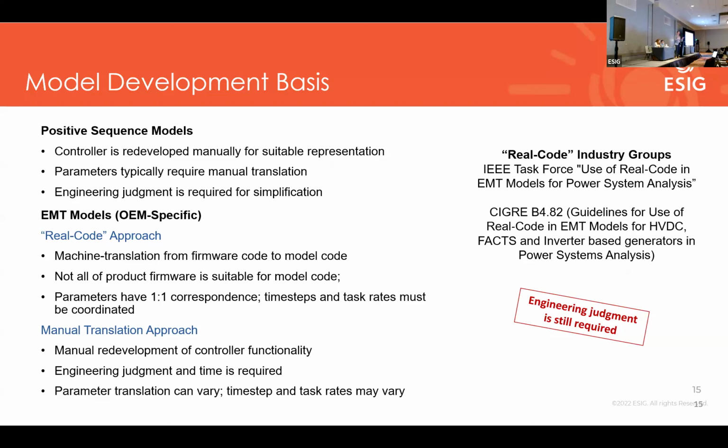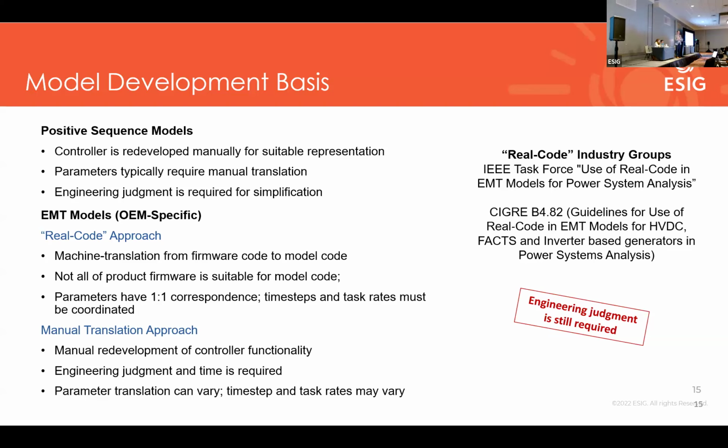The parameters typically also require translation. When we're talking about these models, I'm thinking about it in terms of a control structure, an architecture that's generally fixed, and then a parameter set that goes into that control. And both of those together are equally and critically important to getting an accurate model. You can have a great control structure that is machine translated, one-to-one with the product.